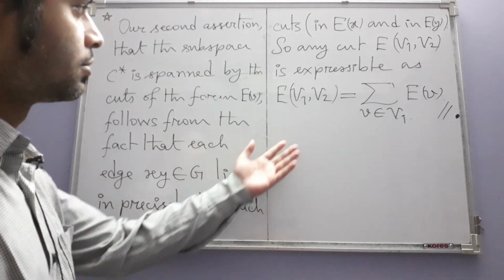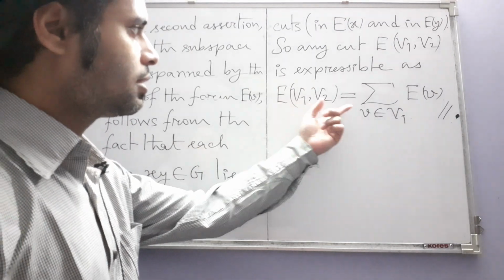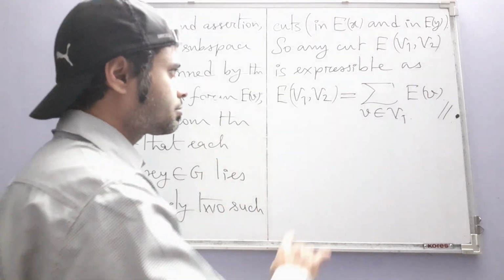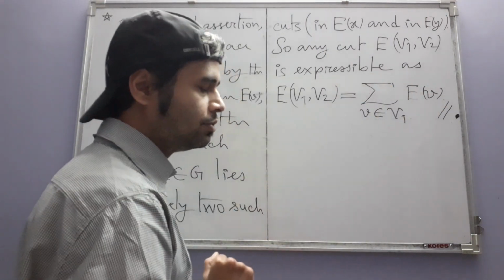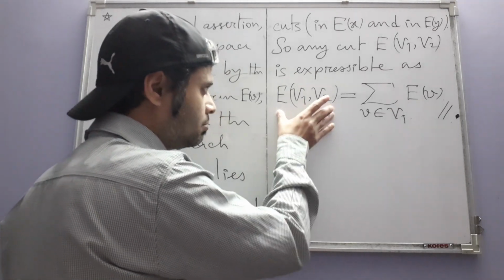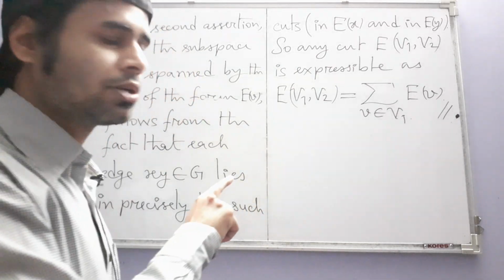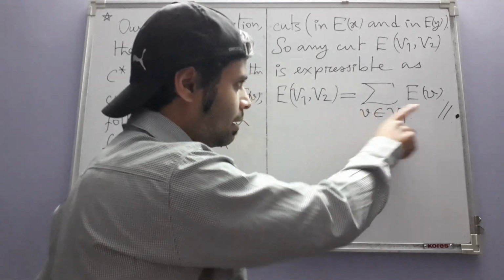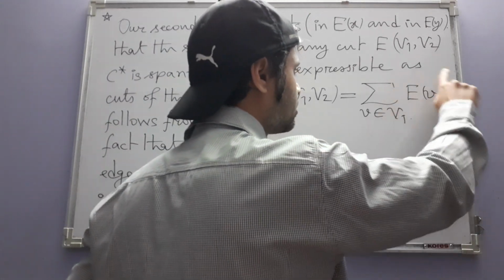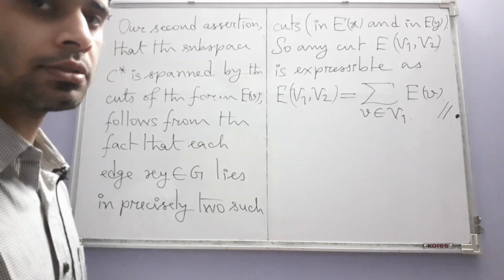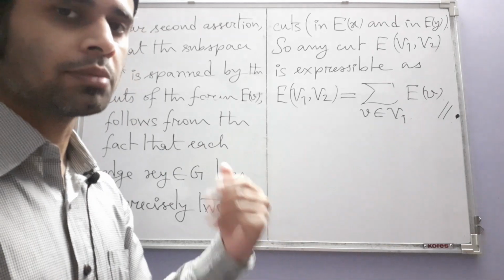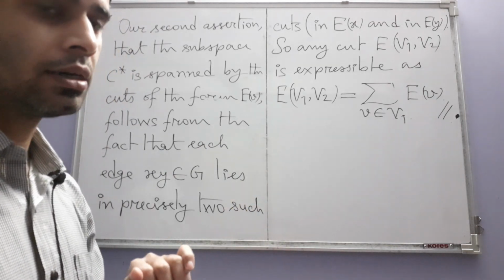That is why this cut is expressible like this as a sum. And note what we have achieved here. We have shown that this general vector, this cut in our subspace C star, is a sum, meaning a linear combination, of this special type of cuts. That is why these cuts span the entire subspace C star. That's what we are claiming here.